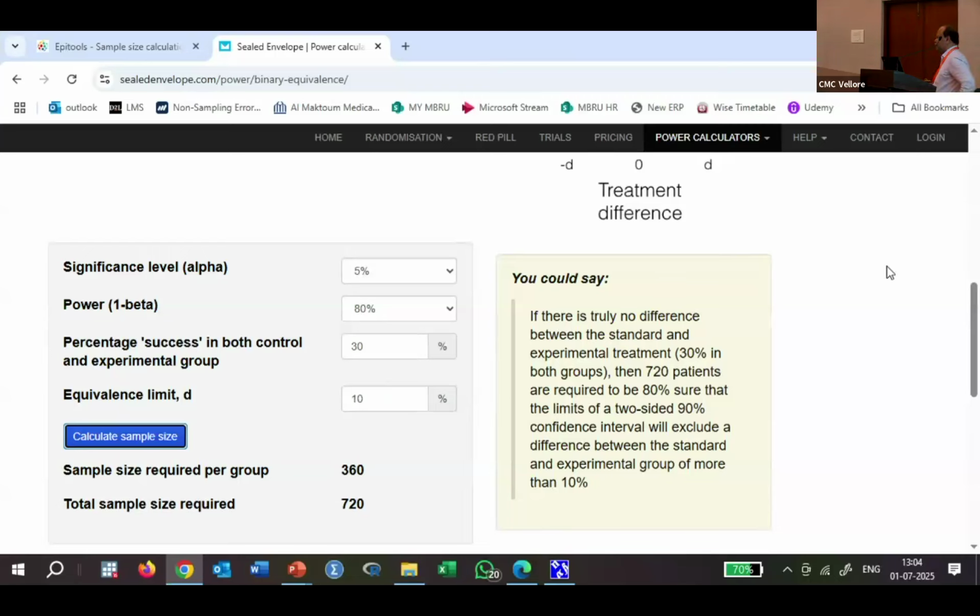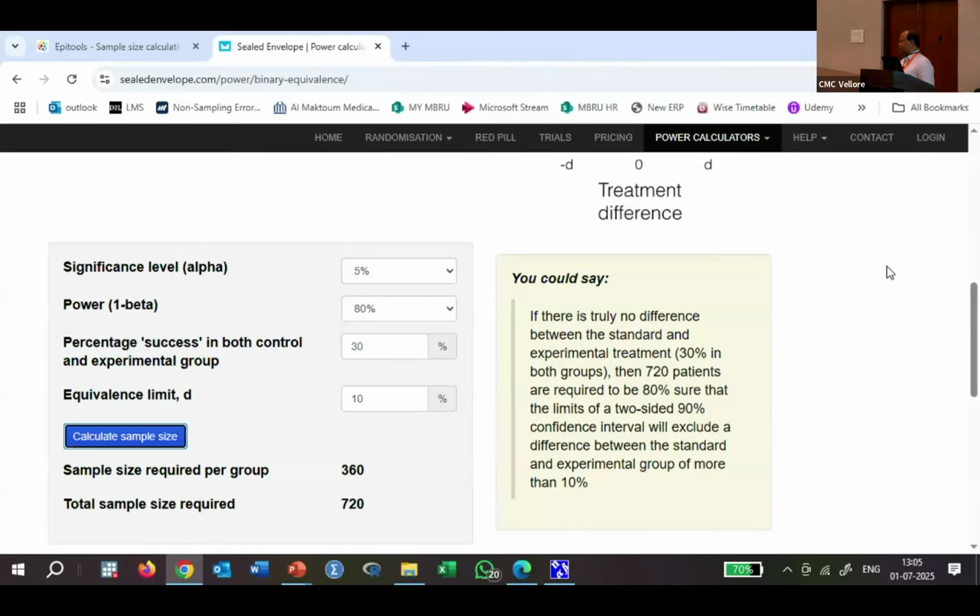Okay. Do the same calculation. 30%, that is an assumption which we have. There may be small differences. If there is a small difference, 25% versus 30% in your actual data from the literature, put those values in and calculate the sample size.